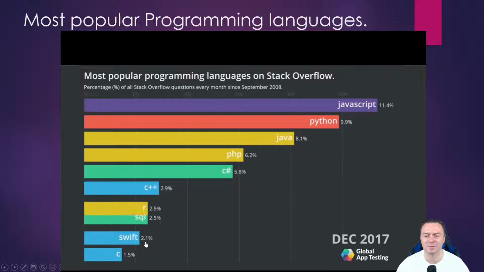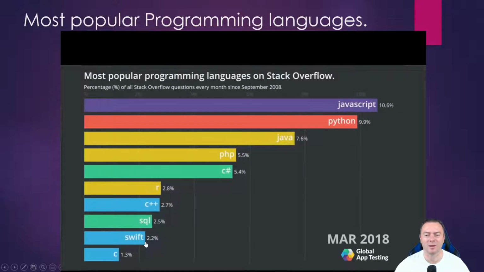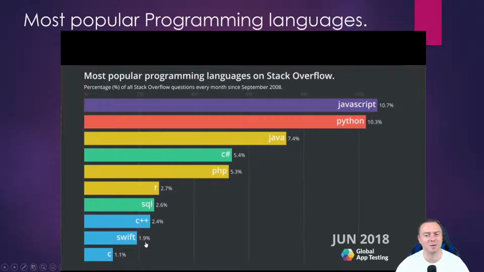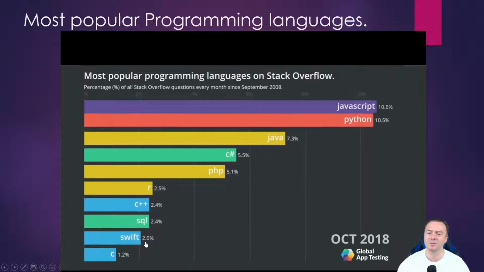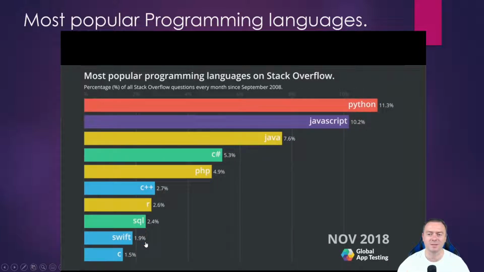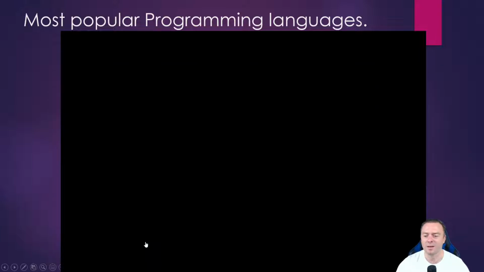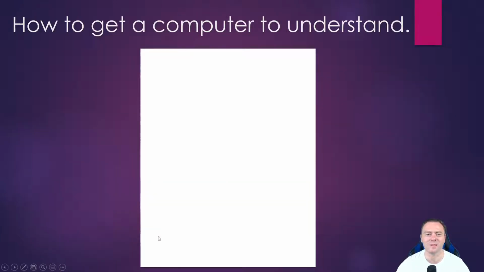Not to say JavaScript isn't either, but Python is quite good for that. JavaScript's probably better for more of your website development, so the games that you see online and all that different type of things. But I found that was really cool because towards the end, there's more questions being asked on this website about Python than everything else.